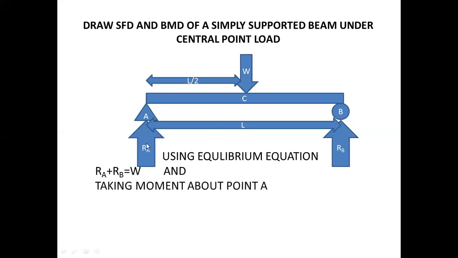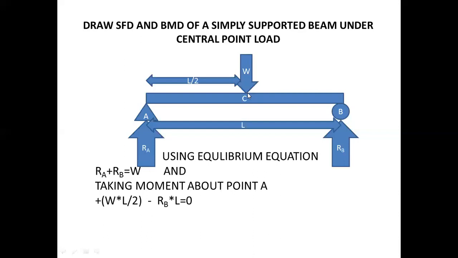Then I am taking moment about the point A. What is the moment of RA about the point A? RA is acting at the point A, so there is no perpendicular distance between RA and the point of application of the force. So the moment of RA about the point A is 0.